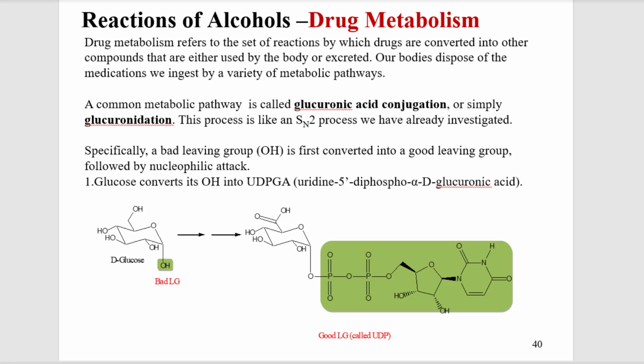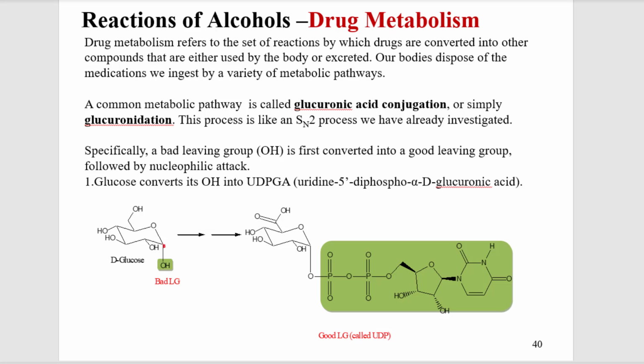You can see it in its ring form here. And this bad leaving group, the OH at this position, the anomeric position, is going to get converted into UDP. So notice that you've got this phosphorus, probably does it by an SN2, but it reacts with the phosphorus, kicking out a leaving group and putting this whole big group on here.